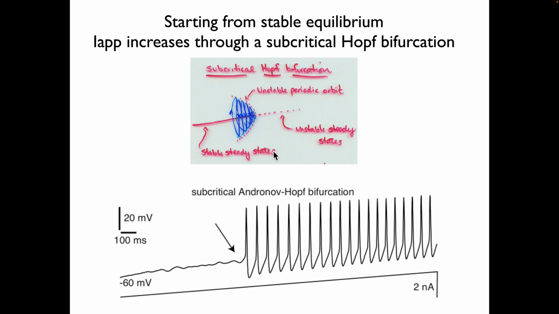In our Morris-Lecar model, these periodic solutions fold back over and become stable again, so what you would jump to is a stable periodic orbit out here. And you can see that in this picture, where as soon as the oscillations start, they're at full amplitude. That's an indication that you went through a subcritical Hopf bifurcation.